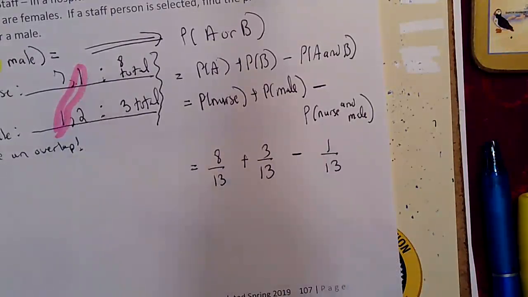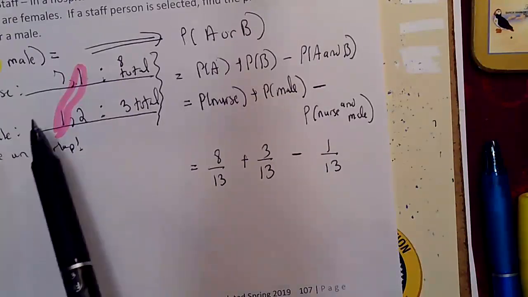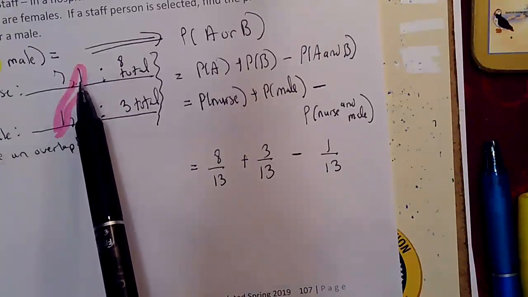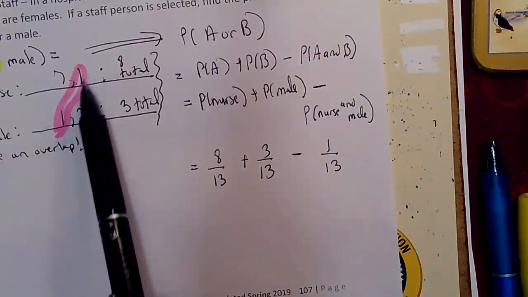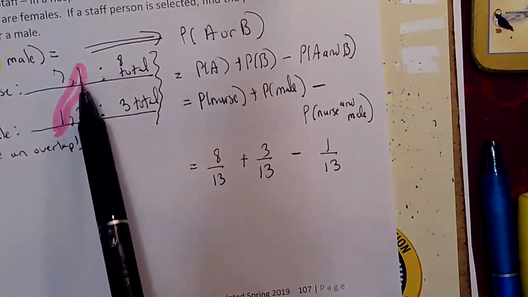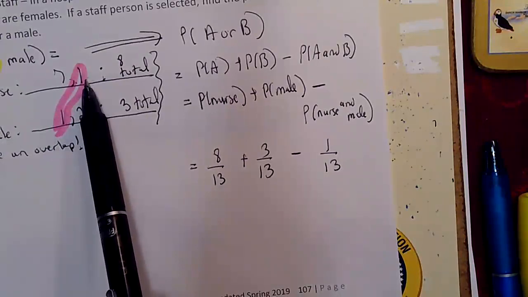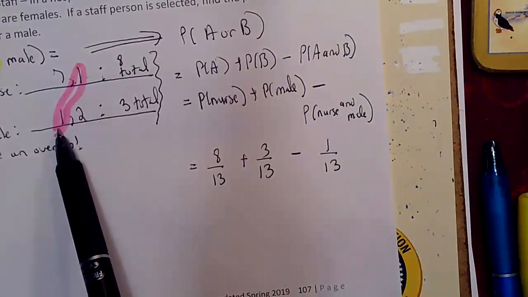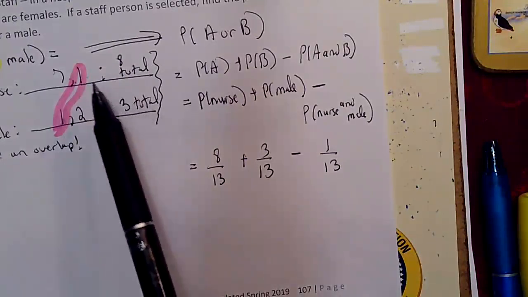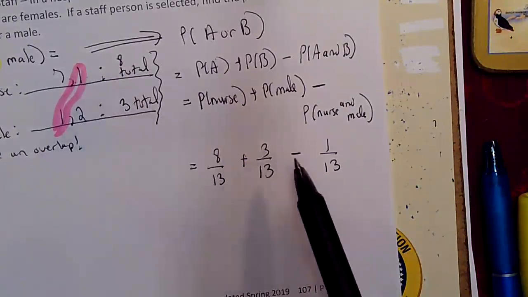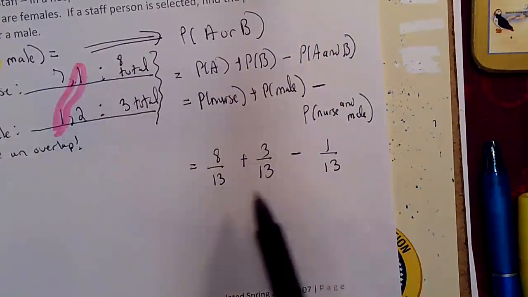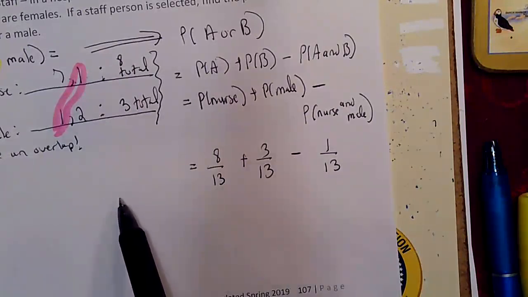Now, if these were cards, if you had a deck of cards and you had a 5 and a 5 here on the deck of cards, like a red heart, a red 5 heart, and another red 5 card, then you could subtract 1 out of 13 because you're only going to have one red heart card.